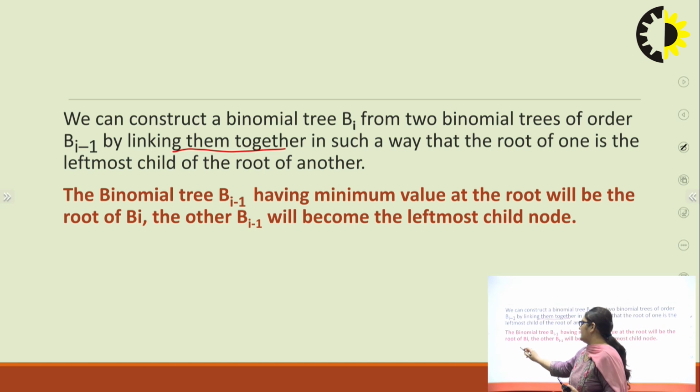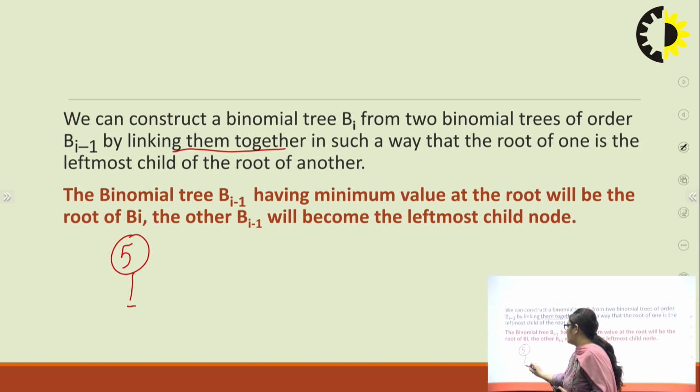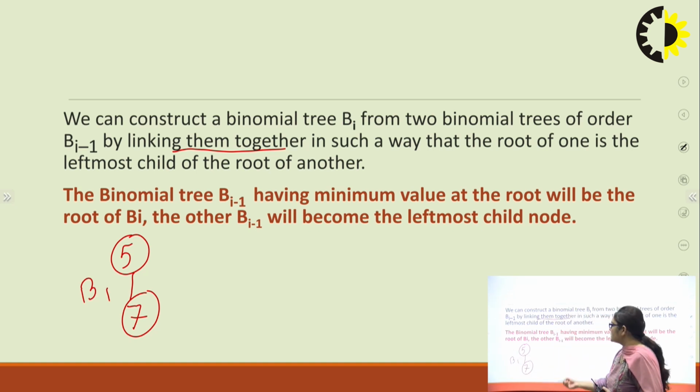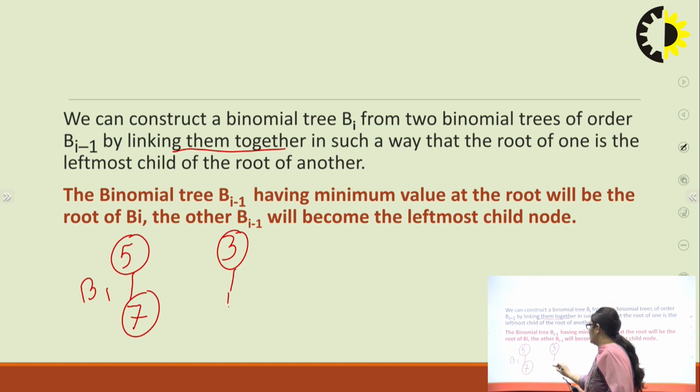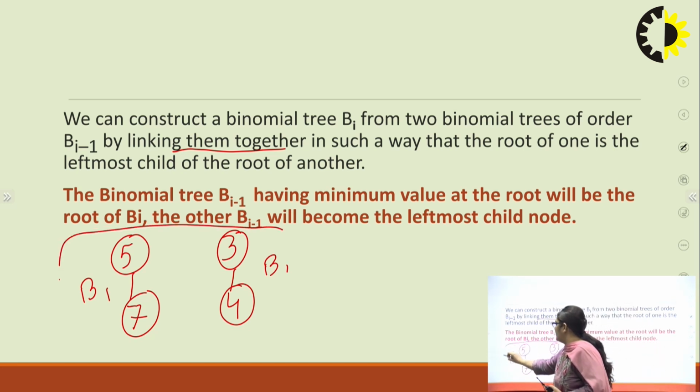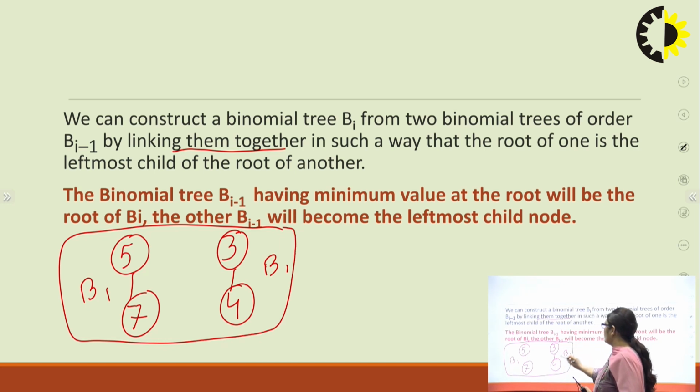Let's understand it with an example. Suppose we have a binomial tree of order B1 in our binomial heap, and also we have another binomial tree of order B1 in our heap. Suppose in our binomial heap we have two binomial trees of the same order. So this case is not allowed.